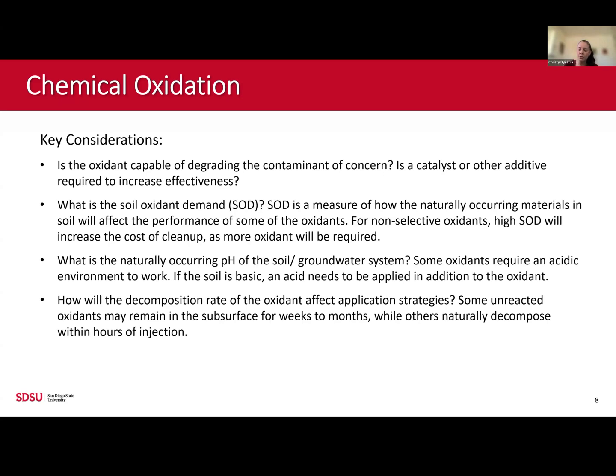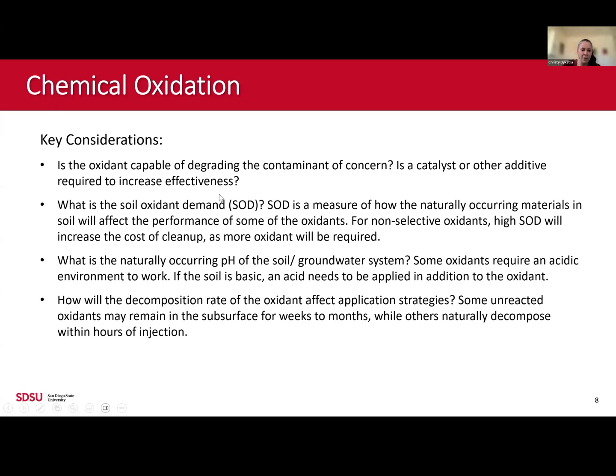And if we want to make sure that we're going to have enough oxidant there to get rid of our contaminant, we need to make sure that we are first satisfying the soil oxidant demand, which basically means that we are putting in enough oxidant to fully oxidize everything else that's in that soil. And then on top of that, putting in enough oxidant to be able to oxidize the contaminant that we need to get rid of.